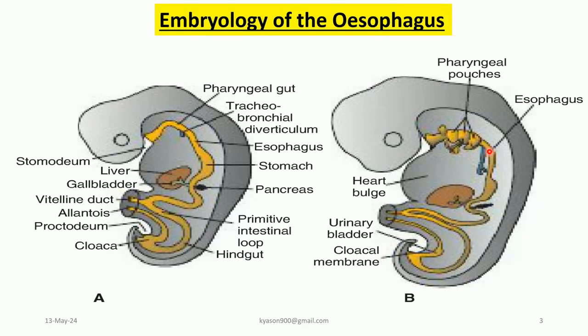And at the same time, from this part of the foregut, on the anterior aspect, there is always development of what we call the respiratory diverticulum, or you can call it the tracheobronchial diverticulum, an extension that will keep on growing to give rise to the respiratory system structures. This is going to form on the anterior ventral aspect of the foregut.